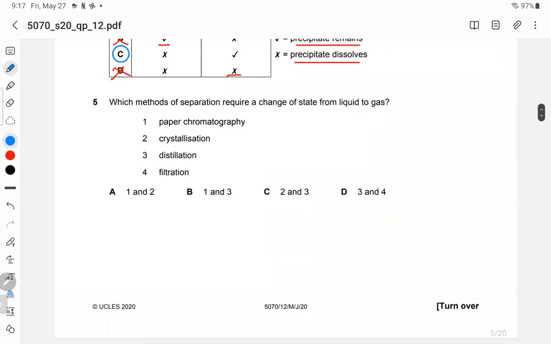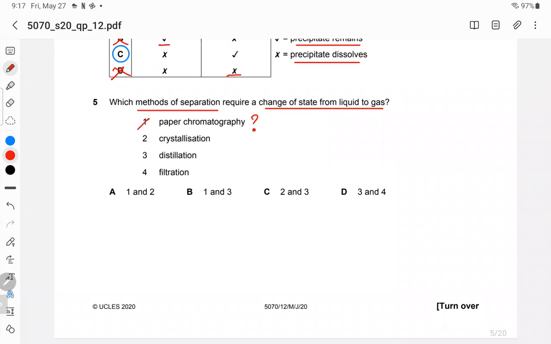Now question number 5. Which method of separation requires a change of state from liquid to gas? In paper chromatography, do we have to do this? No, sir. We do not change the liquid.